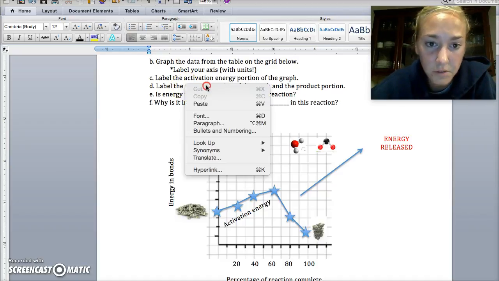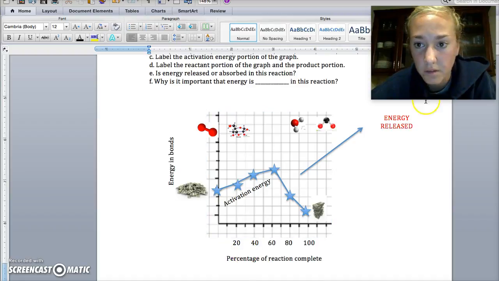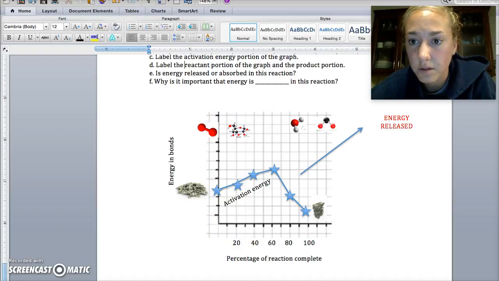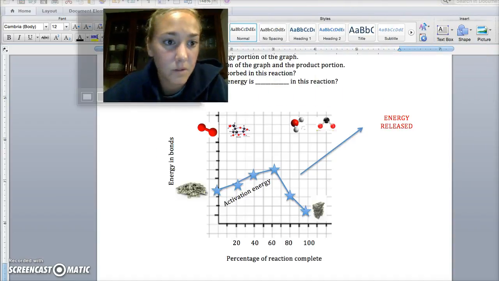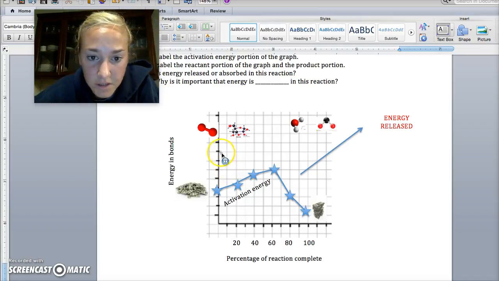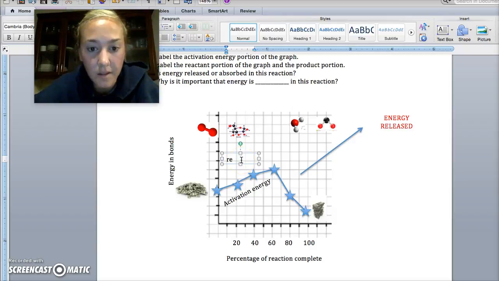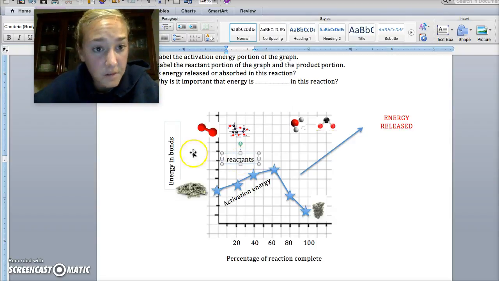Then it asks you to label the reactant portion of the graph and the product portion. Okay, so I'm going to just add a little text box. Let's see if we can get that to work. I have to move my face. Okay, we'll add a little text box. Okay, the reactant portion is anything on the left side. So I'm going to add that here, reactants. Okay, to the left of the hump.